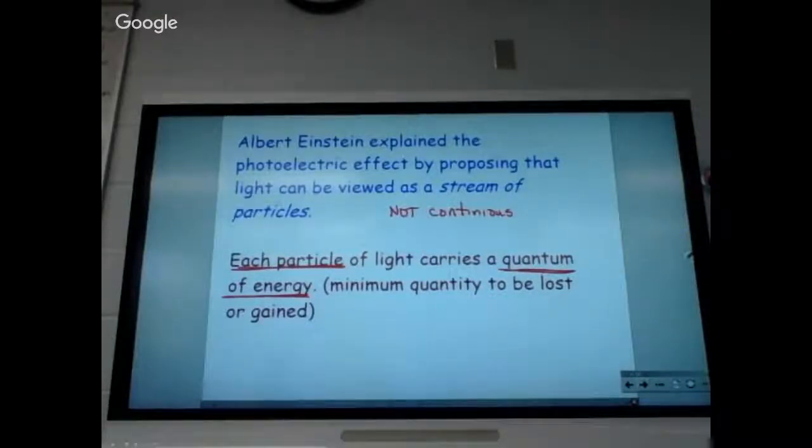Does every type of light carry the same amount of energy? No. Microwaves, for example, don't carry the same amount of energy as visible light. Different types of EMR are going to carry different amounts of energy.